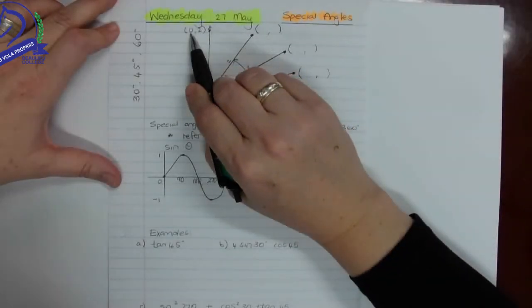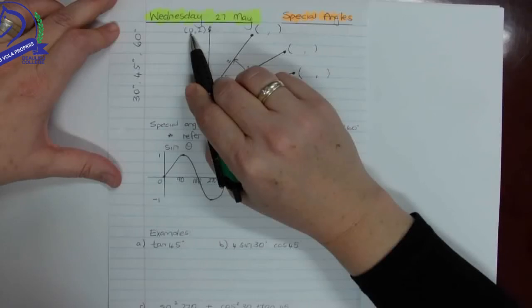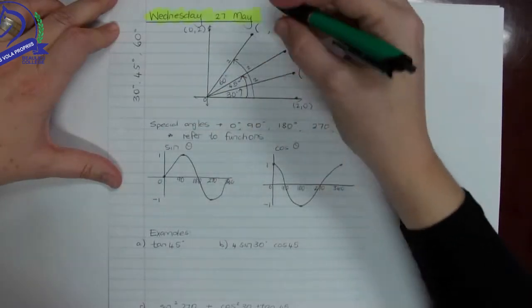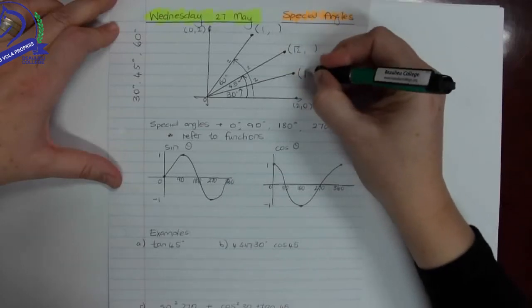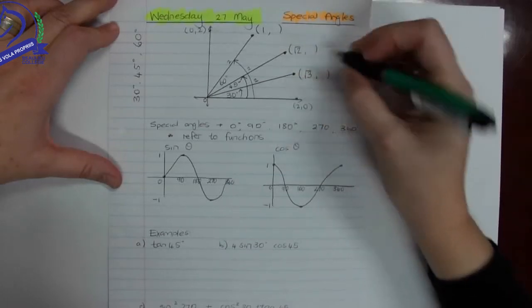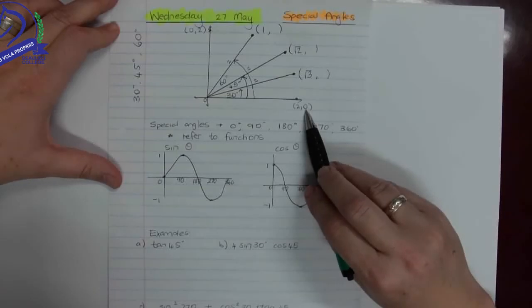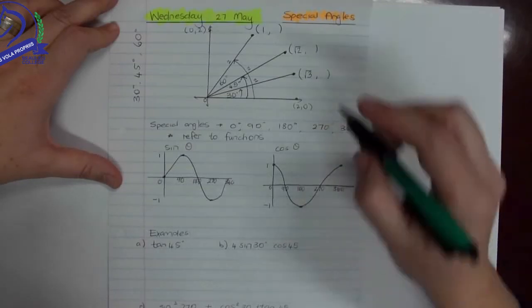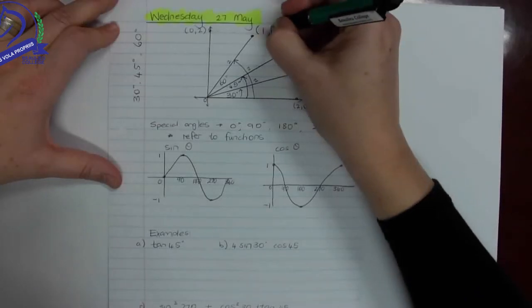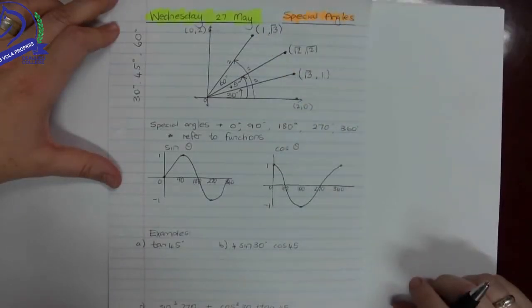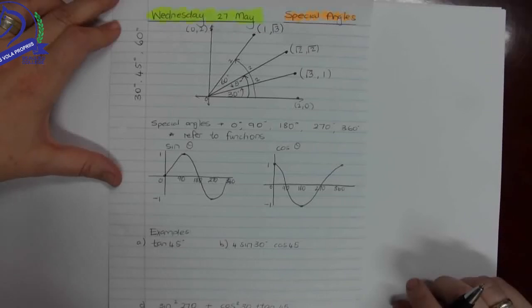So if I start with the x coordinates, and here is my 0, square root 1 is 1, square root 2, square root 3. Now I'm going to work with my y coordinates. So start at 0, square root 1, square root 2, square root 3.